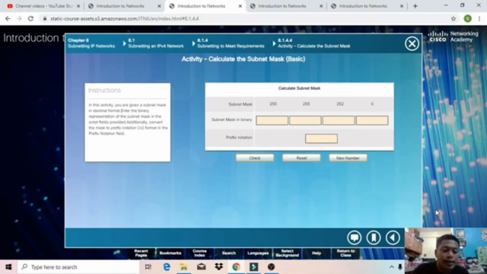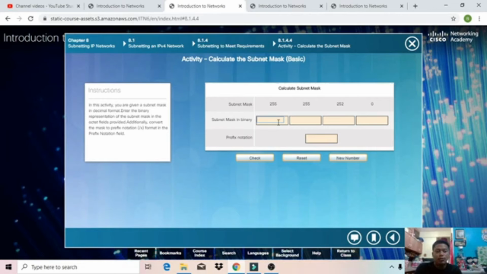So we start with the instruction. The instruction is, in this activity you are given a subnet mask in decimal format. Enter the binary representation of the subnet mask in the octet field provided. Additionally, convert the mask to prefix notation format in the prefix notation field. So, 255 in all.